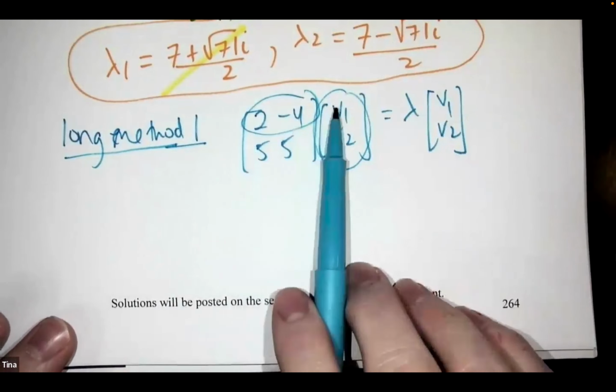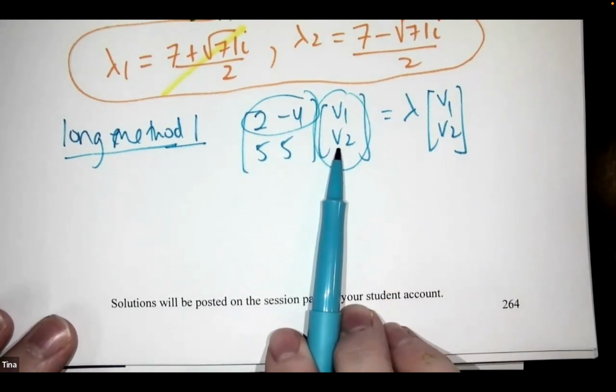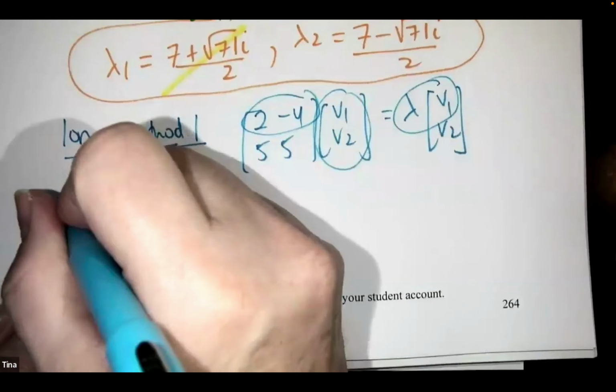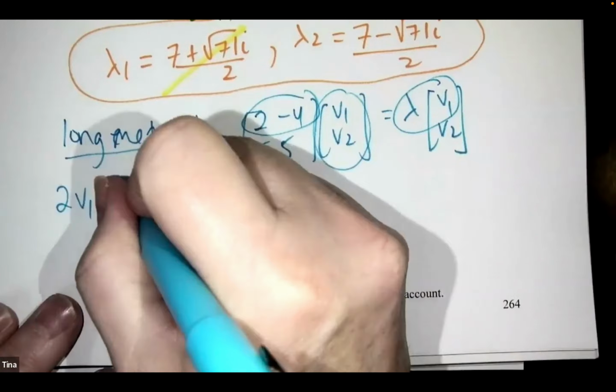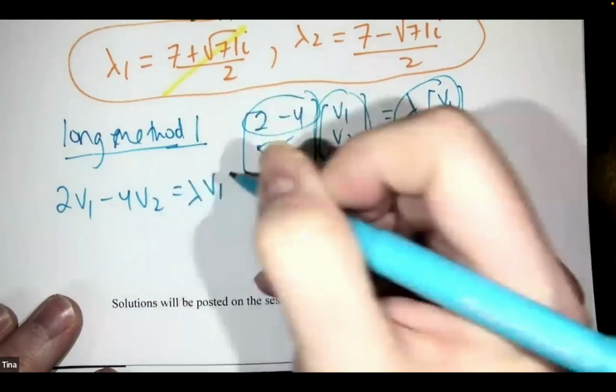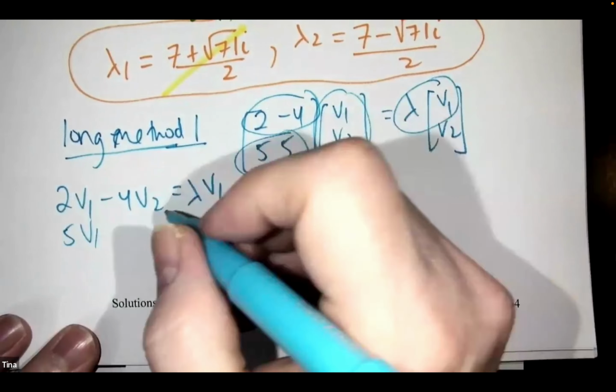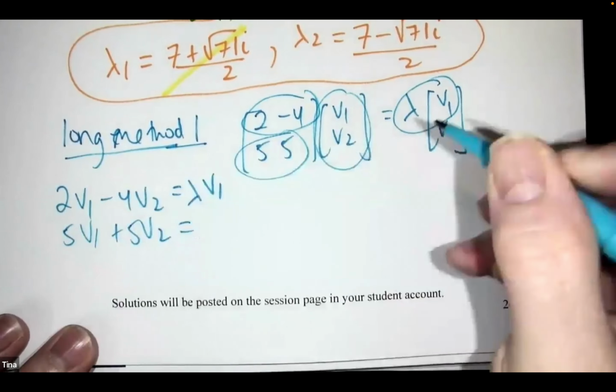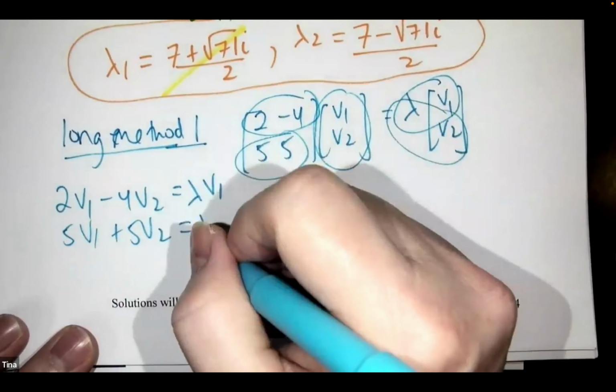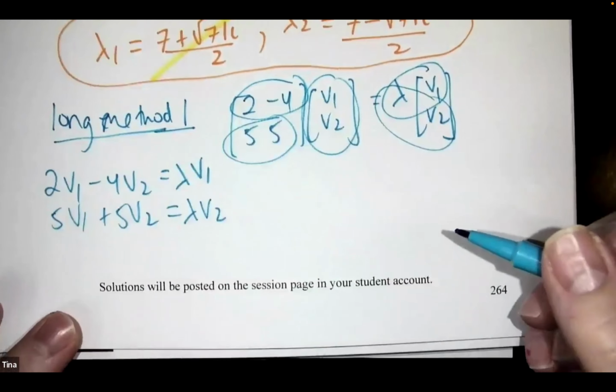So we've got 2v1 minus 4v2 equals lambda v1. And the bottom, 5v1 plus 5v2 equals lambda v2.